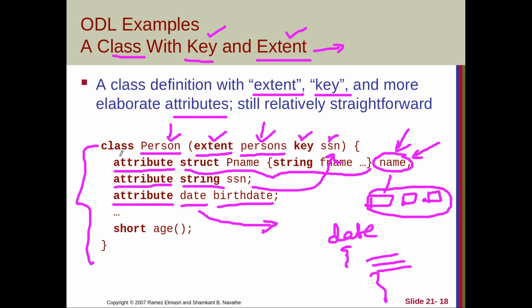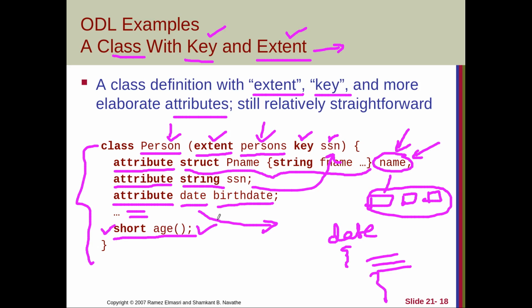Then in this example we can have any number of attributes here. Then you can see one function or operation is being specified here. The name of that operation is age, and we have given an empty parenthesis that indicates it is an operation or function, and the return type of this operation is short. Then put a semicolon here.